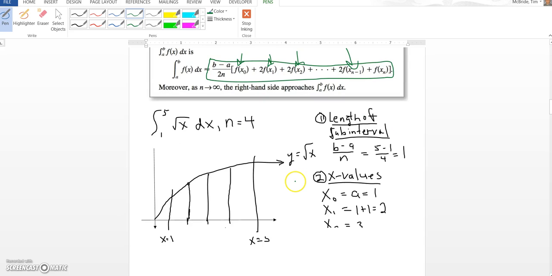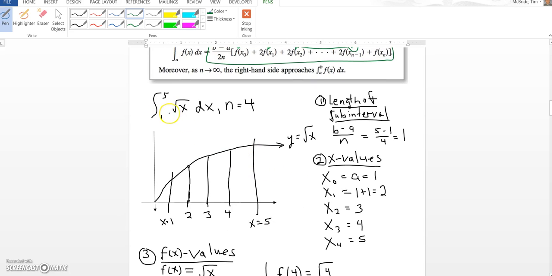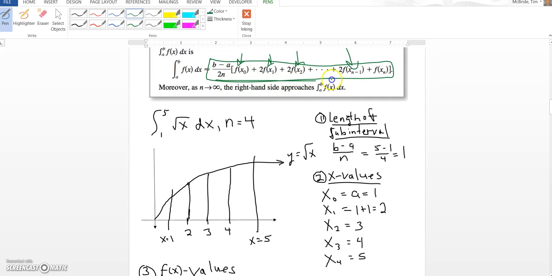So let's look at this example. We can integrate this by hand, but we'll use our formula for the trapezoid. So integrate square root of x from 1 to 5, and we will make n equal 4. That means we'll have 4 of these little sub-intervals, and if we connect these with straight lines, then we have 4 trapezoids.